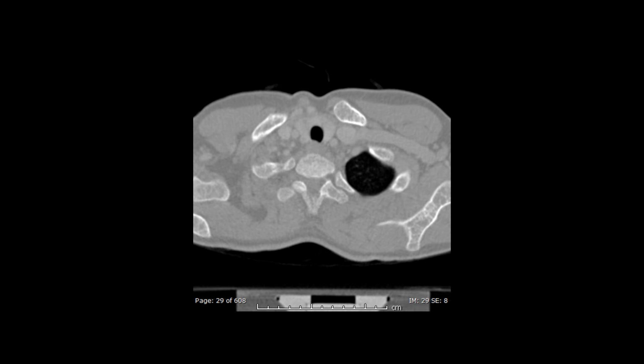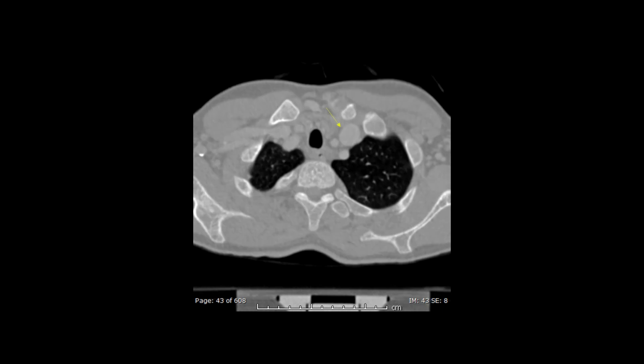Here we have the left subclavian vein, in fact larger than we normally see it, meeting the left internal jugular vein, to form the left innominate vein, all of them larger in fact than we normally see them because of the extra drainage of part of the pulmonary circulation.